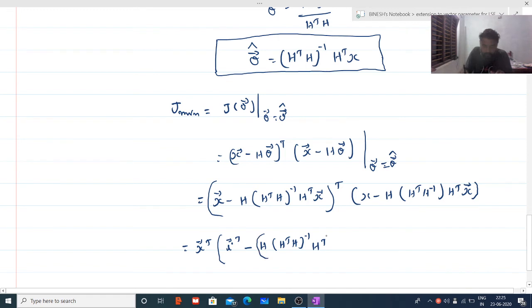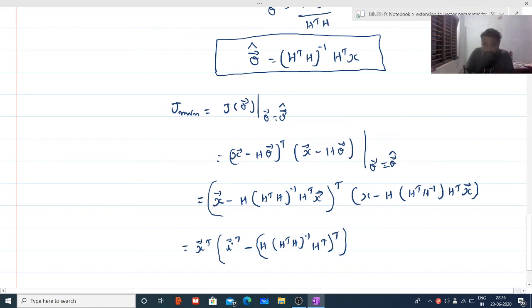I will take this in the transpose. I think it is clear. I am taking x as this vector x. It is not x bar, it is vector x. So taking x transpose outside, it will be I transpose minus H into H transpose H minus H transpose, the whole transpose.